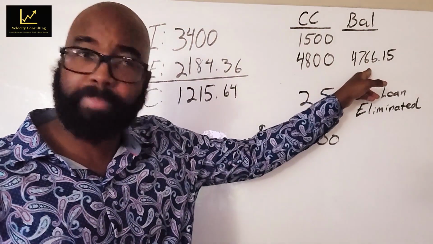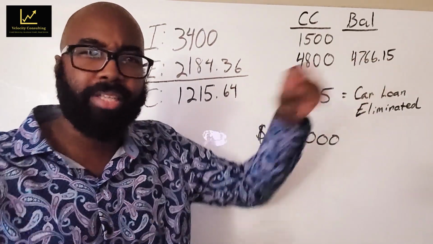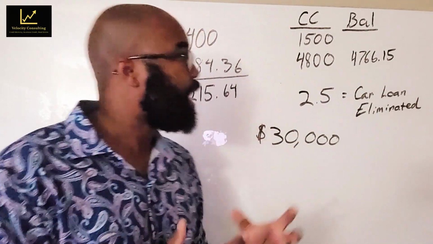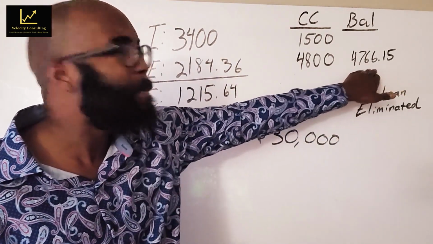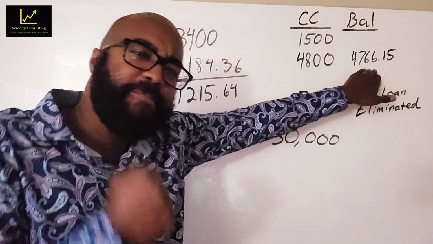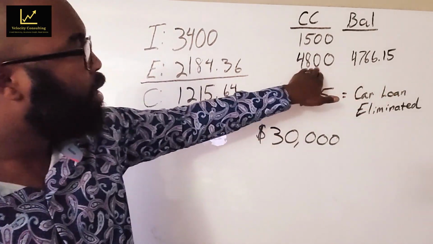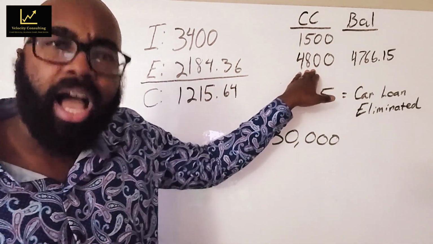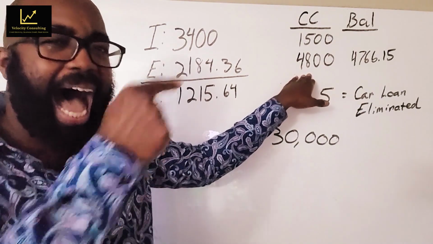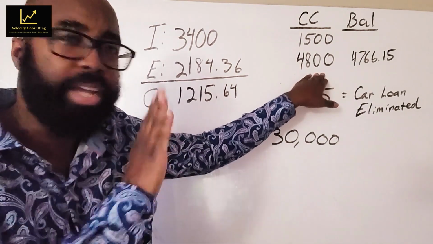So, do you see this balance right here? We love this because now we know that we can use this credit card. This is going to be our main Velocity Banking credit card. The ideal is to have a high credit balance, the higher credit limit card, which this person has right here. It's perfect.